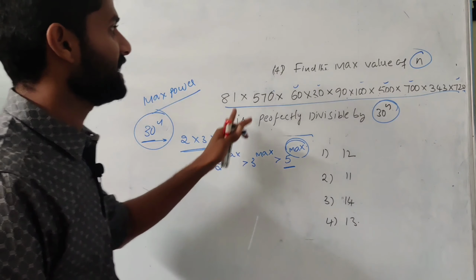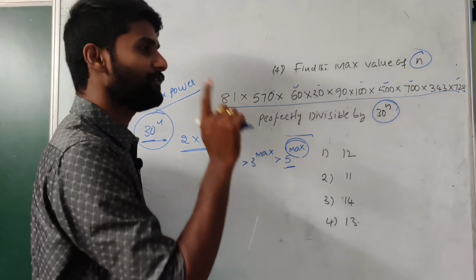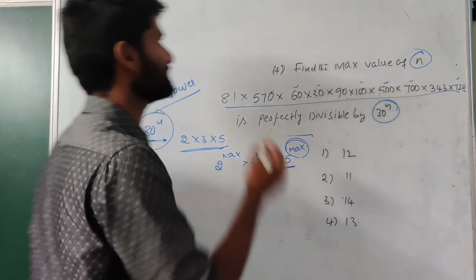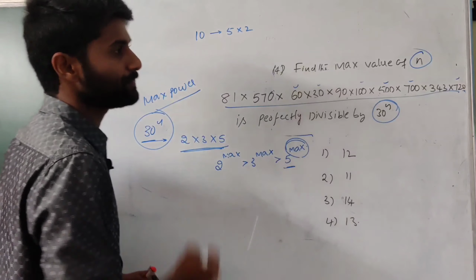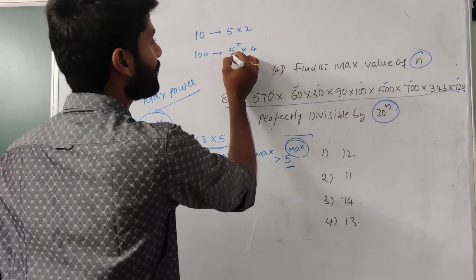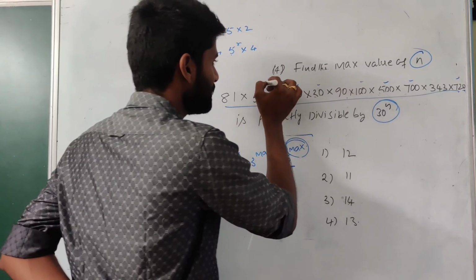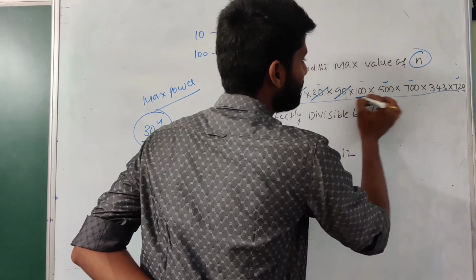Clear? It means if this resultant is given, focus on the number of 5s. See, if it is a 10, we have one 5. If it has 2 zeros, we have two 5s. If it is a 10, we have multiple 5 into 2. If it is 100, I go with 5 square into 4. 5 square is 25, 25 4s are 100. So here we have a 1 value, 1, 2, 3, 4, and we have a 2.